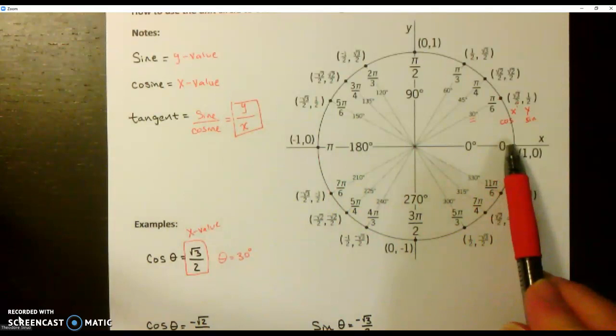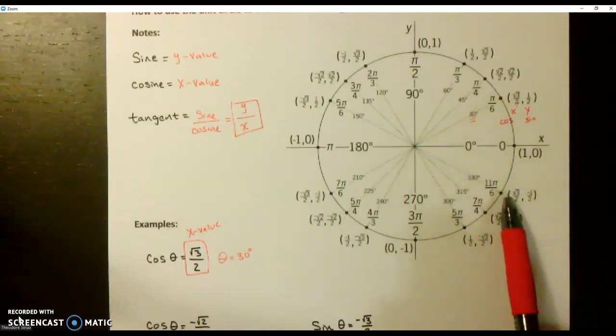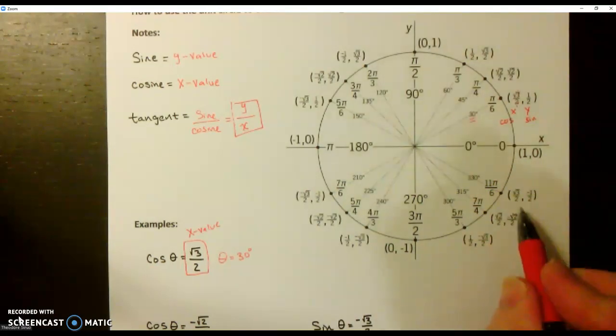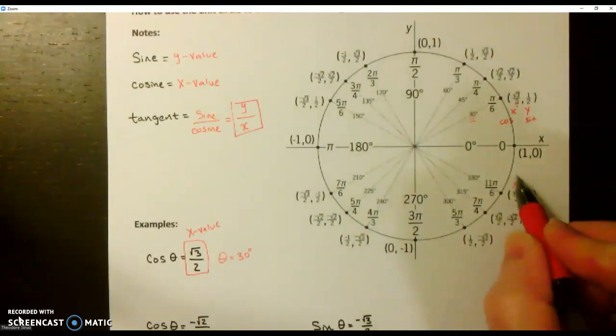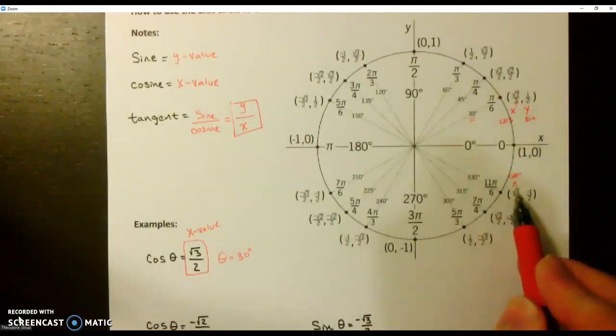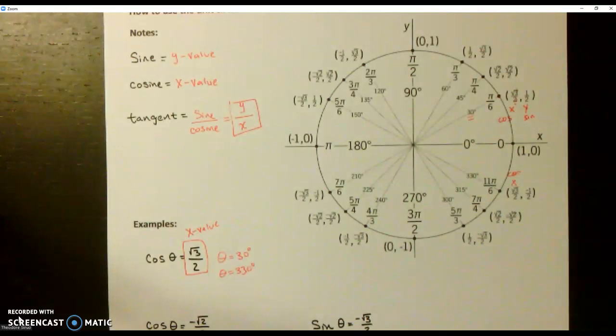So if I go to the right, the only other spot where x is a positive square root 3 over 2 is 30 degrees below the x-axis at 330 degrees. And you can see right here, look at the x value. The x value, which is cosine of 330 degrees, is positive square root 3 over 2. So the other answer we're looking for is right there.